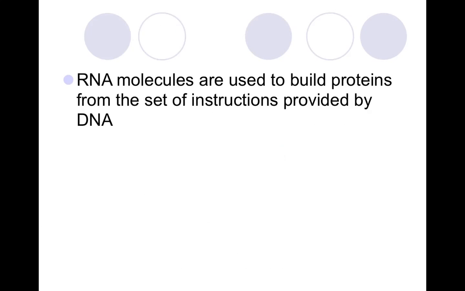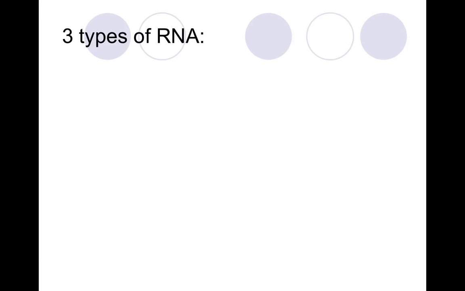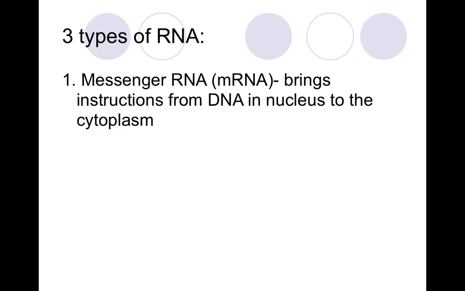All right? So RNA molecules are used to build proteins from the set of information provided by the DNA. So the information on how to build the RNA comes from our DNA. There are 3 types of RNA that we're going to talk about, and you need to know what these 3 types are. The first type is messenger RNA, which is little m RNA.